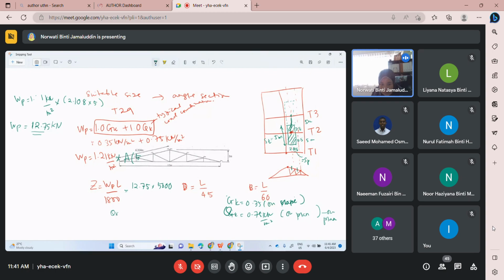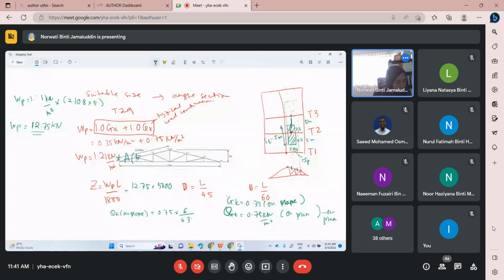QK is on slope. Originally it is on plan, so convert to on slope is equal to 0.75 multiplied by 6 divided by 6.324.